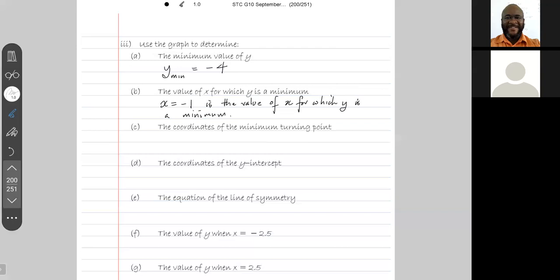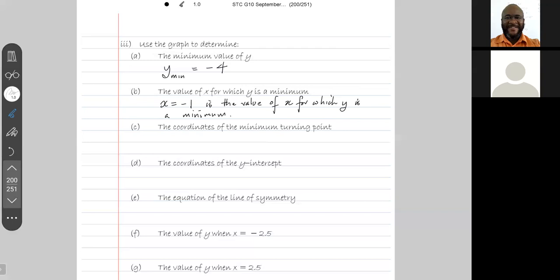Guys, next we need to know the coordinates of the minimum turning point. Well, we know that the value of y at the bottom is -4. The vertical line through the turning point is x is equal to -1.